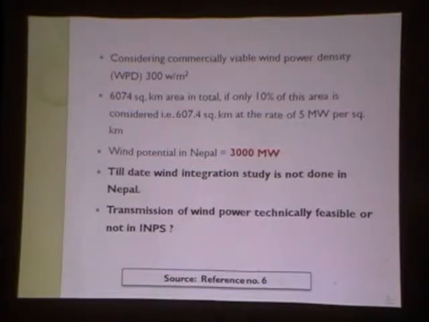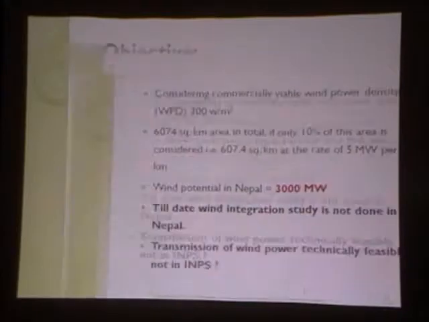So this research is basically done to find out the feasibility of that wind power while integrating to the grid. That means to know the penetration level of wind power in Nepal's grid. And this data is from reference 6, the SWERA project under AEPC in Nepal.